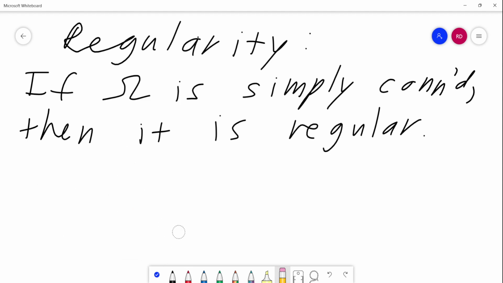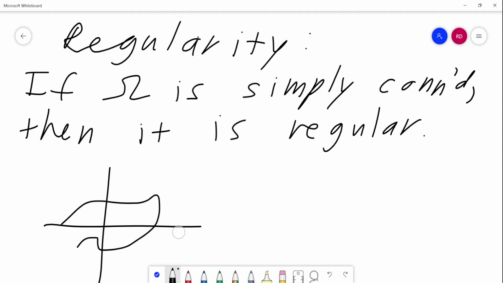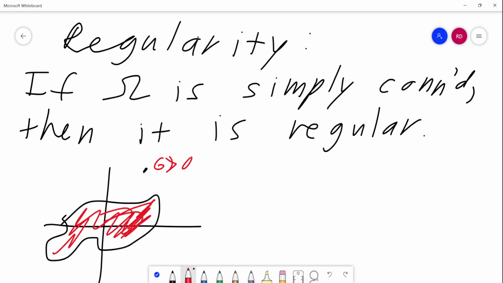So what kind of points would be irregular? Well, if it's not simply connected. So if we had like a point out here, it might be that the Green's function is positive on that point. The Green's function is 0 on the interior and the boundary, but as it goes away from the boundary, it can become positive.